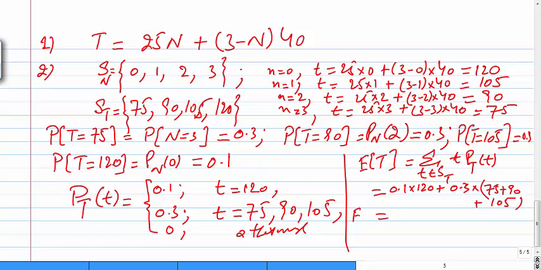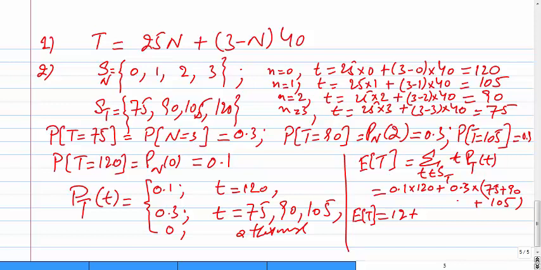When we solve this, the expected value of T comes out to be, if I multiply this, 12 plus, let me do this manipulation, 75 plus 90 plus 105, so it becomes 270.